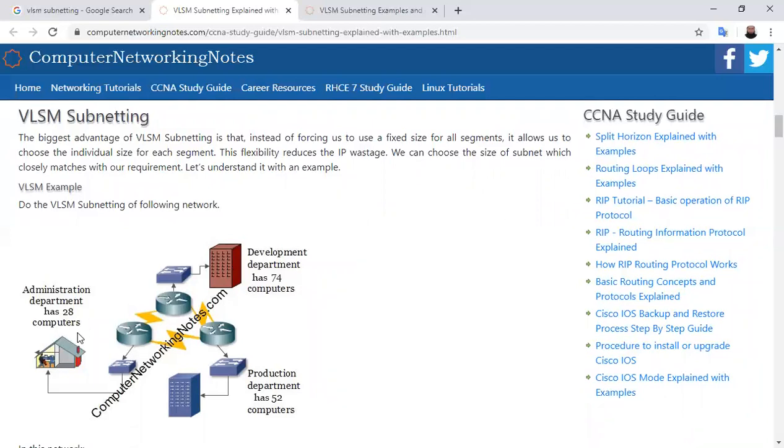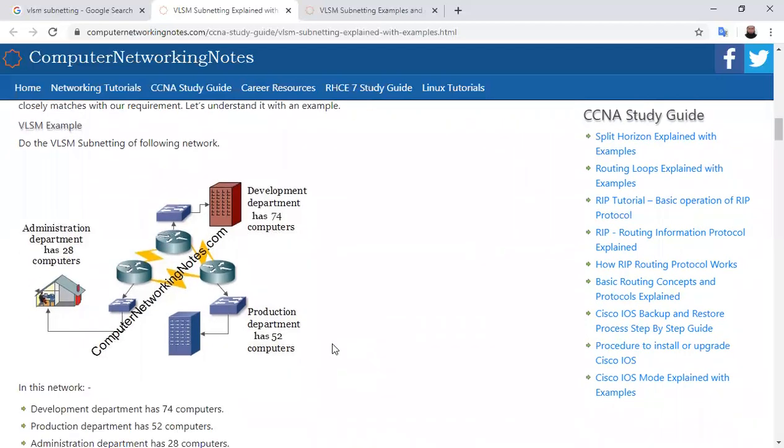That means the administration department has 28 computers, the development department has 74 computers, and the production department has 52 computers. All the departments have different numbers of computers.